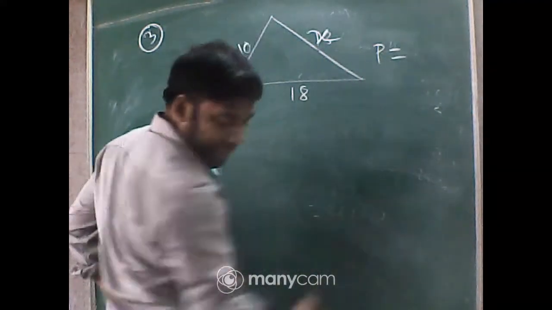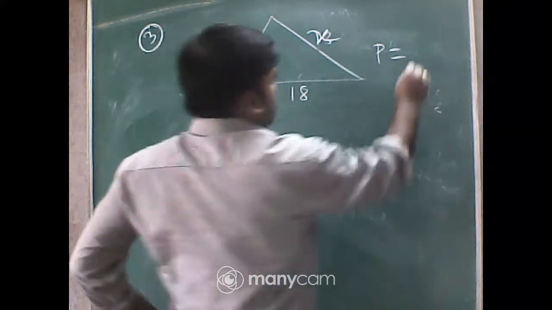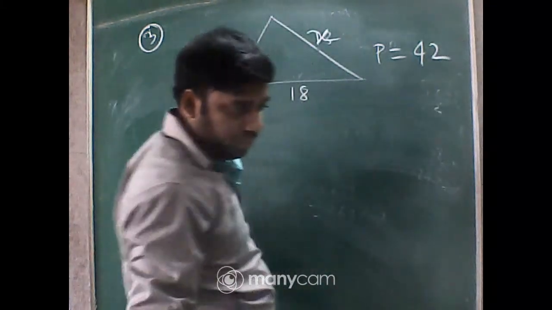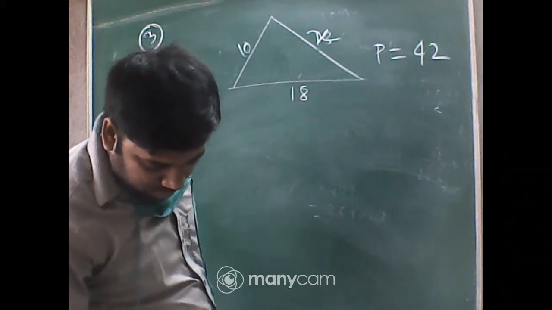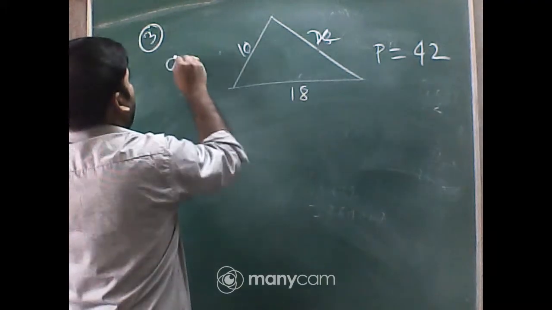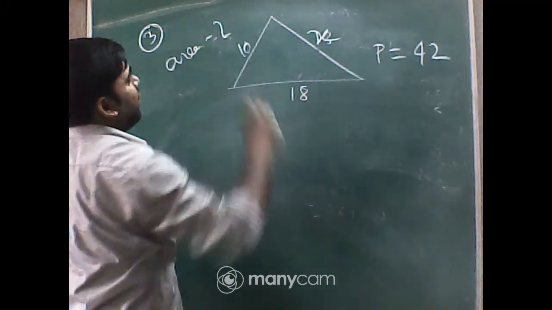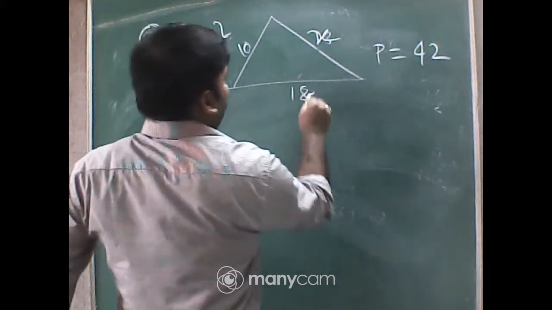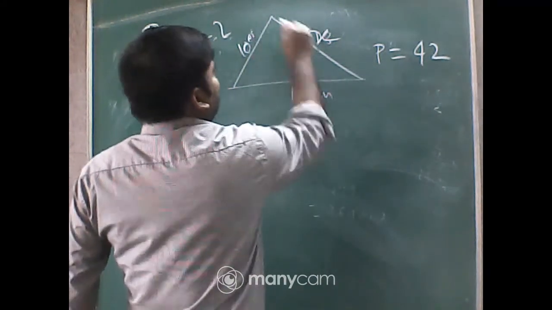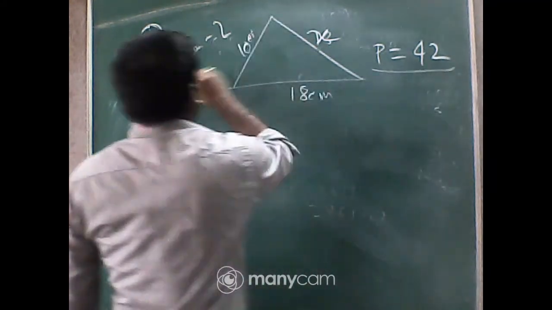Perimeter equals 42. Find the area. A triangle, 10 centimeter, 18 centimeter, and x. Perimeter is 42. Find the area.